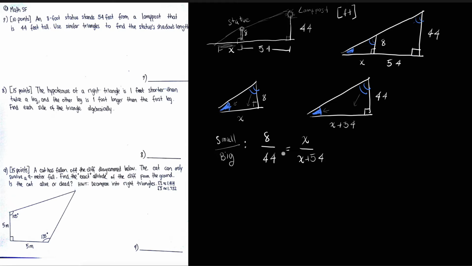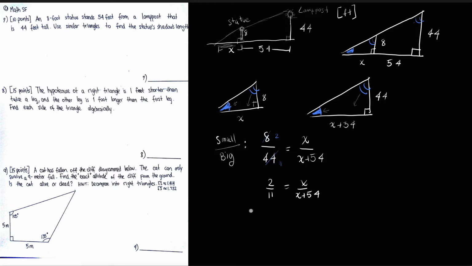Now, if you solve this part here and you do a little bit extra of algebra, look what could happen here. You could reduce this. I'm going to use a different color, maybe just blue. 4 goes into here twice, and 4 goes into here 11 times. So pretty much my fraction can get reduced to 2 over 11 equals X over X plus 54.